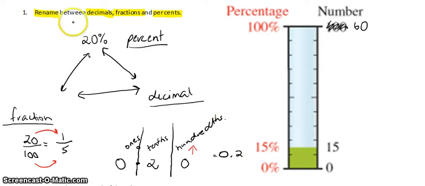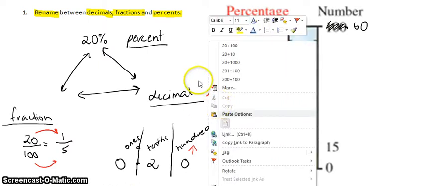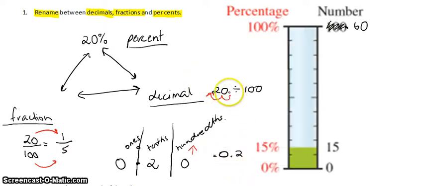So we can also think of it as dividing by 100. 20, which is what's happening over here, 20 divided by 100, 20 hundredths. So 20 divided by 100, well, we know the decimal point is here, so we move it 2 places to the left, and it was here. Hence our 0.2 response.